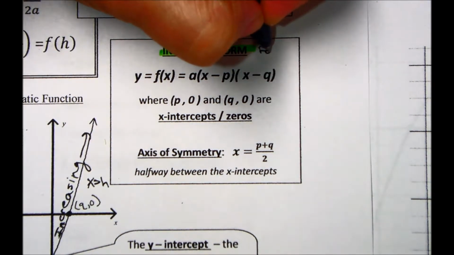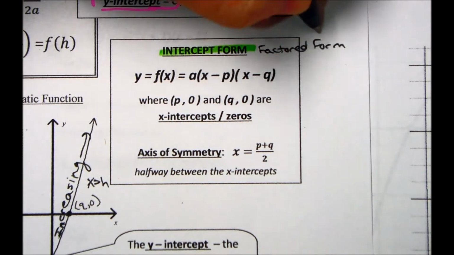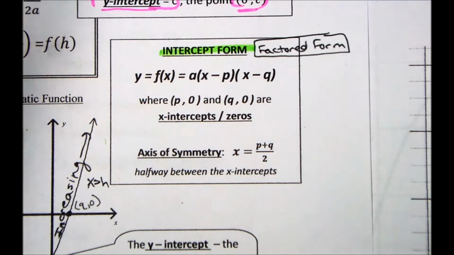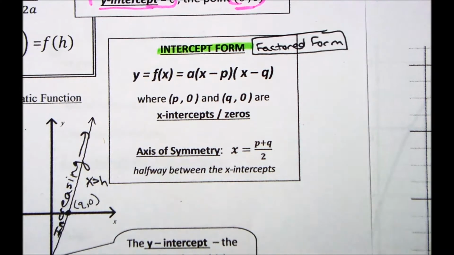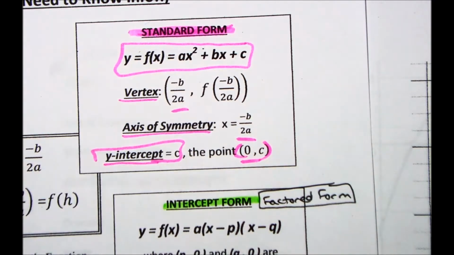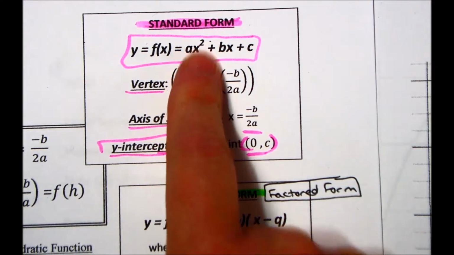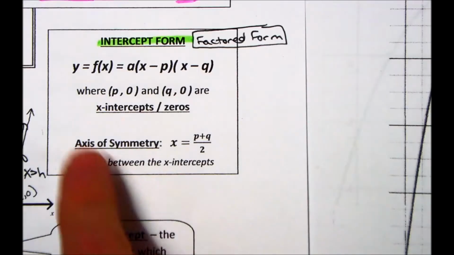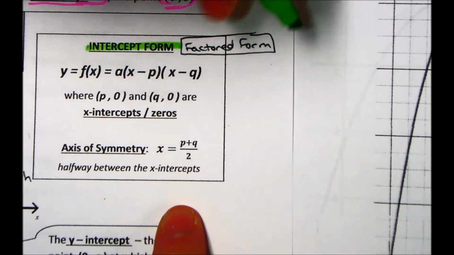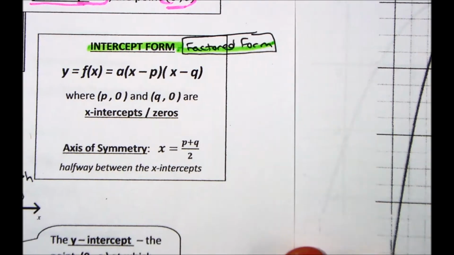When we get to chapter 3 and we are looking at polynomials of a degree bigger than 2, so a quadratic equation is a polynomial equation with a degree of 2, we will see polynomials of a degree higher than 2. And when we do, we're going to be looking at equations in factored form, which is basically intercept form.